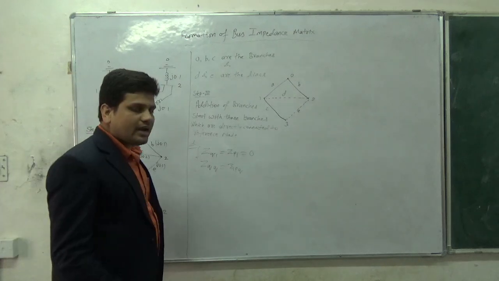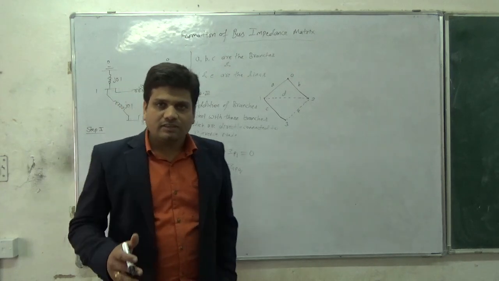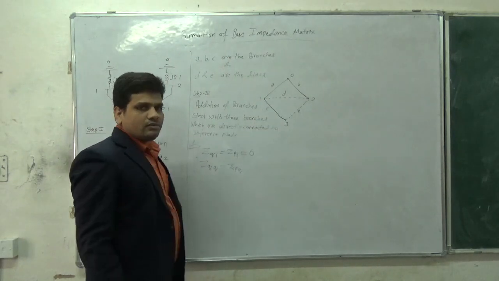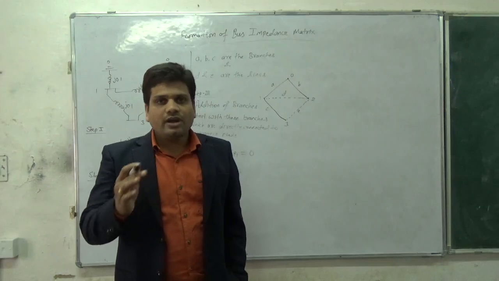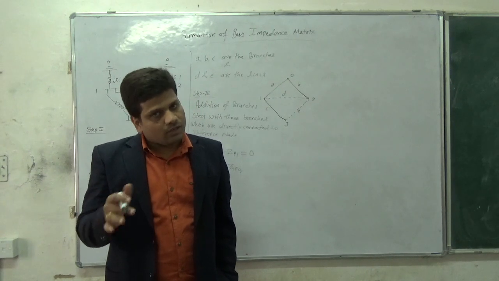Now what is P and Q, and what is I? In alphabetical order, P comes first, then Q. For example, this one is A. A is connected between 0 and 1, so I should take P as 0 and Q as 1.